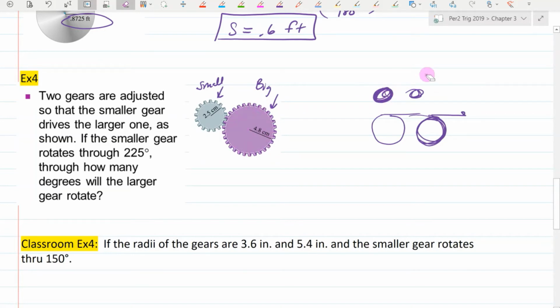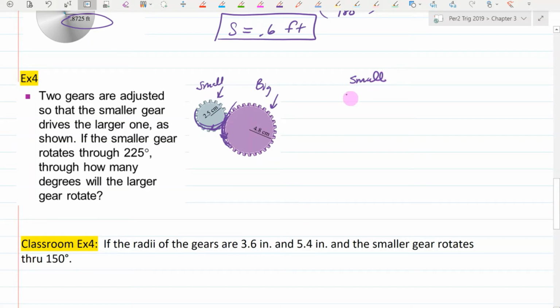Okay? So, however, as these are turning right here, they're definitely covering the same distance. They have to be. Think about like a rope going through here or a chain going through here. They're covering the same amount of distance as they go through in the gears. So the small arc length has to equal the big arc length.